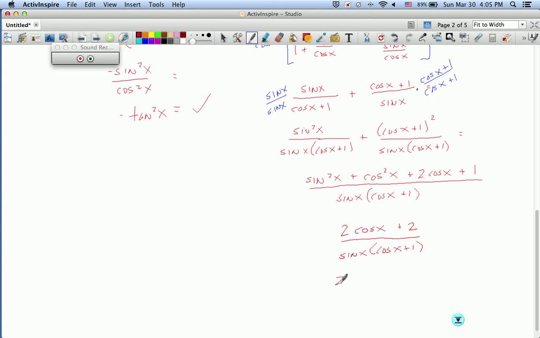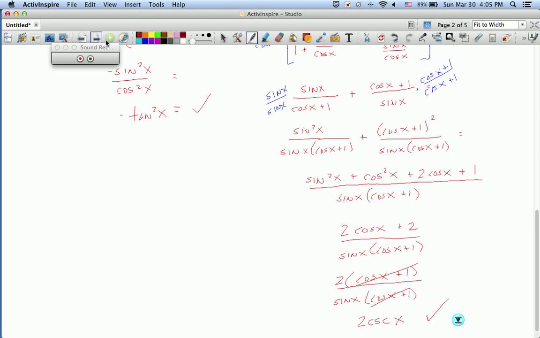Factor 2 out of the numerator. And I get a cosine plus 1, which is exactly what I have in the denominator. Cosine plus 1s are gone. 2 over sine is the same as 2 cosecant x, which I believe is what we were looking for. There it is. Cha-ching. Got it.